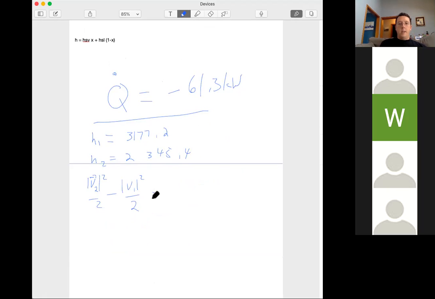When you plug in meters per second for velocity, this comes out as joules per kilogram.